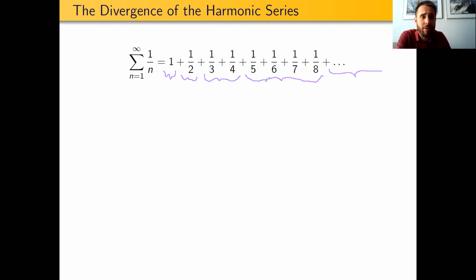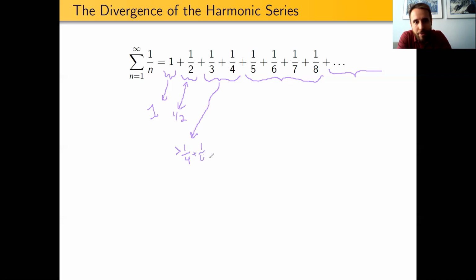And so why am I breaking them up this way? Well, this first number, that's just the number 1. The second one, that's just the number 1/2. But then here, I'm going to do something kind of clever. I'm going to notice that the 1/3 plus 1/4 is bigger than 1/4 plus 1/4.